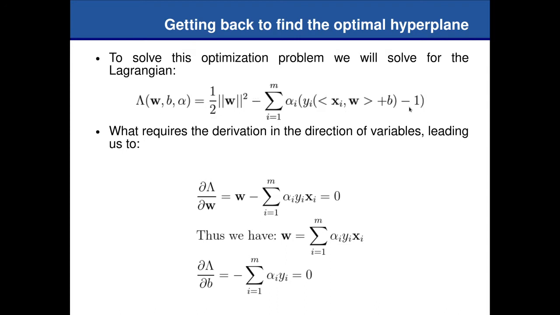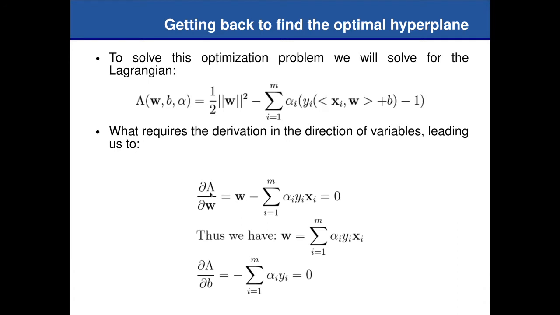How can I find the dual problem based on this primal problem whose Lagrangian is in here? I have to differentiate in terms of W, B, and alpha. When I differentiate in terms of W, I have something. In terms of B, I have something. In terms of alpha, I've got the constraints because all constraints are multiplied by alphas.